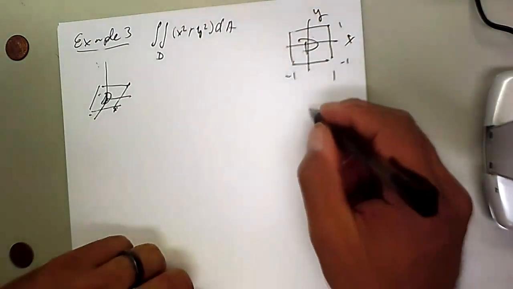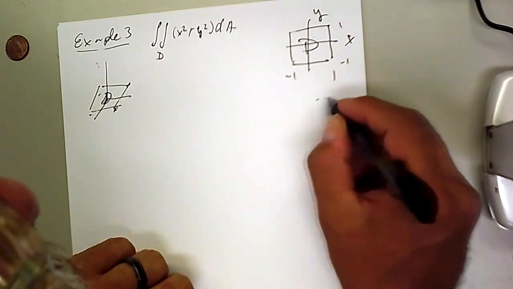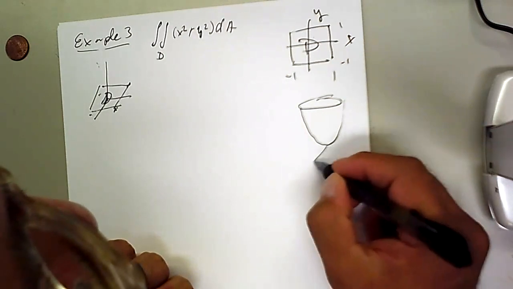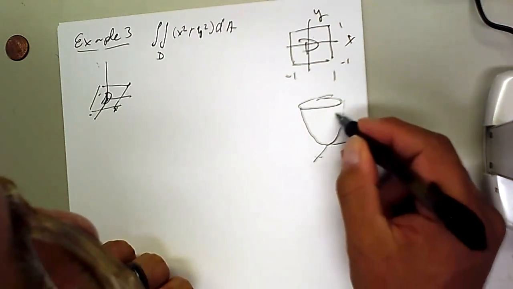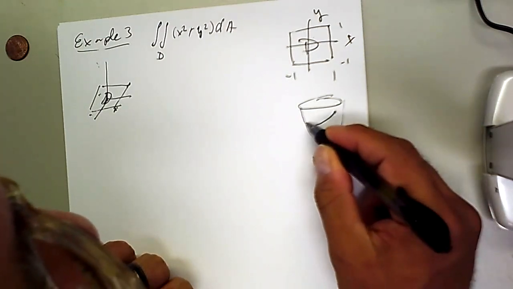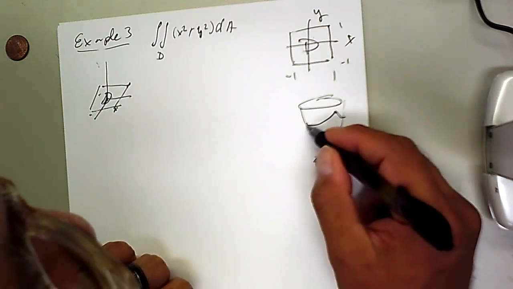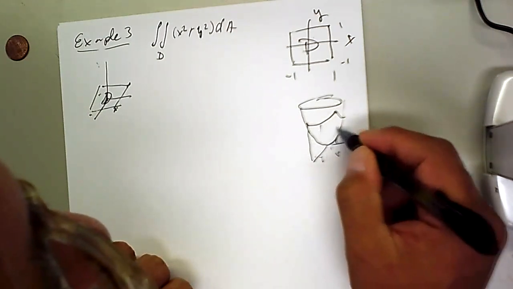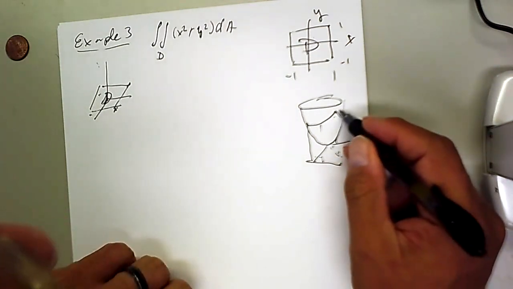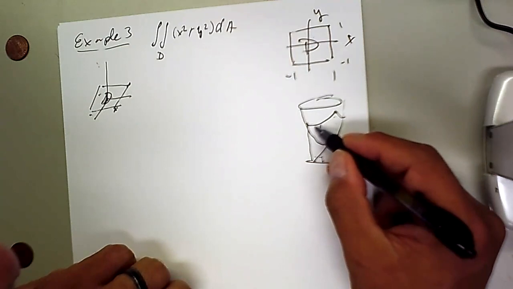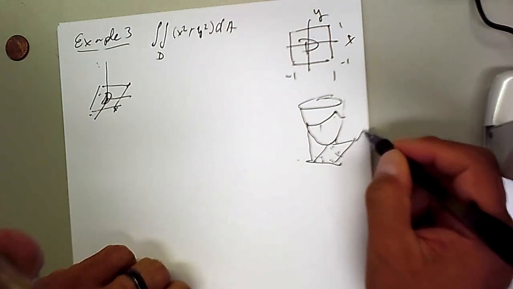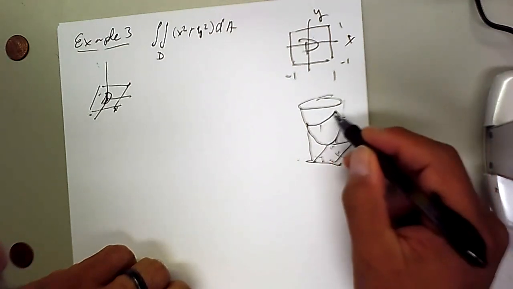So what are we obtaining? So there is the paraboloid. One corner is going to be here. So we're going to have this kind of shape. And then we're going to find the volume of the solid that is above the square, from -1 to 1 on the x and on the y's, and below the paraboloid.